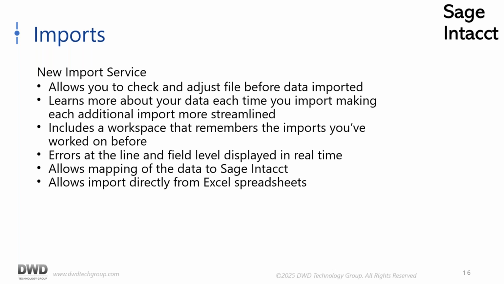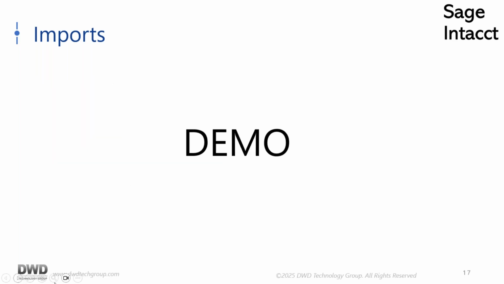And last two items, you can actually map Sage Intacct directly to your data. You no longer have to use their templates where they have the actual column headers, that you have to use to make sure that you're getting the data in the right place. You can now map to whatever data you have, and you can go directly from an Excel spreadsheet, okay?